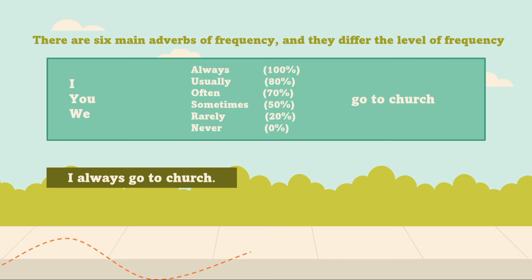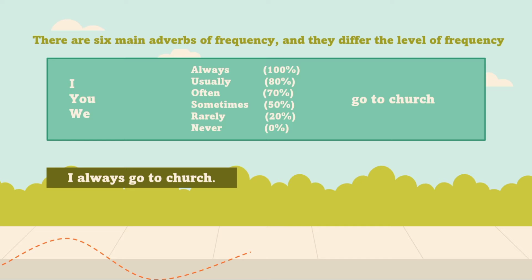So when we use the adverb of frequency always, that is 100%. You're doing that thing 100%. How about usually? That is 80%. So when you use the adverb of frequency usually, you're 80% doing that thing.